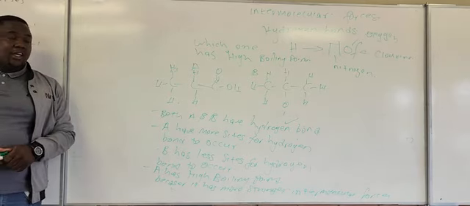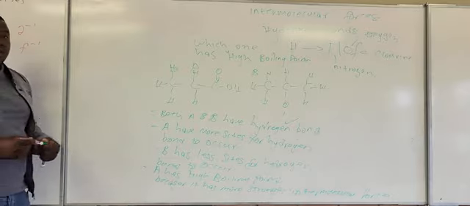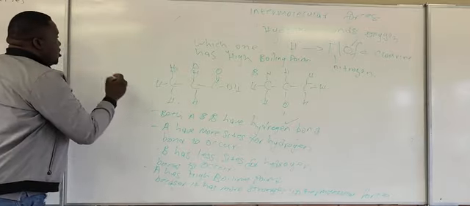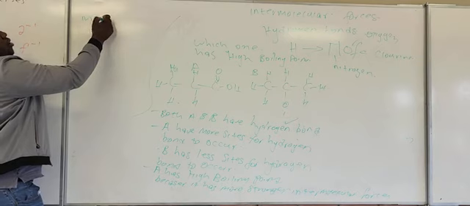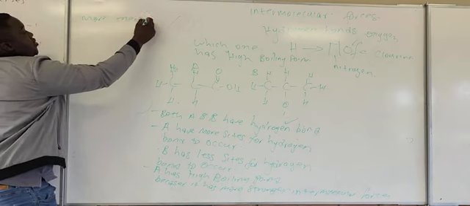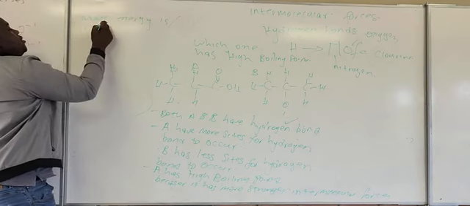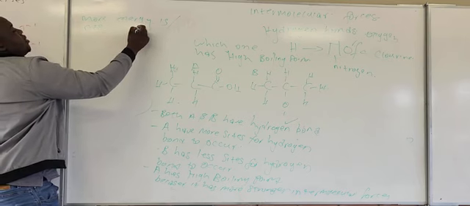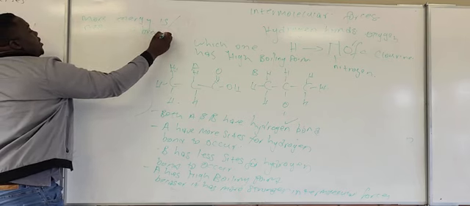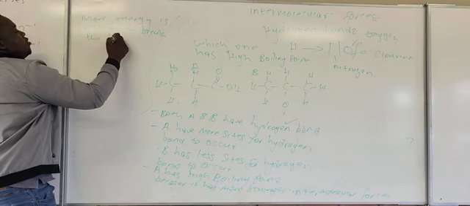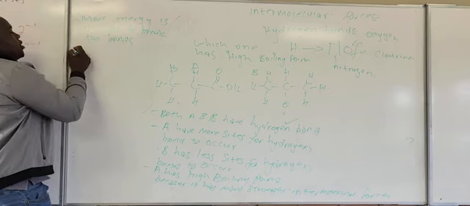So then we talk about the type of energy. Remember I said we must talk about the type of energy as well. So it means more energy is needed to break the bonds.